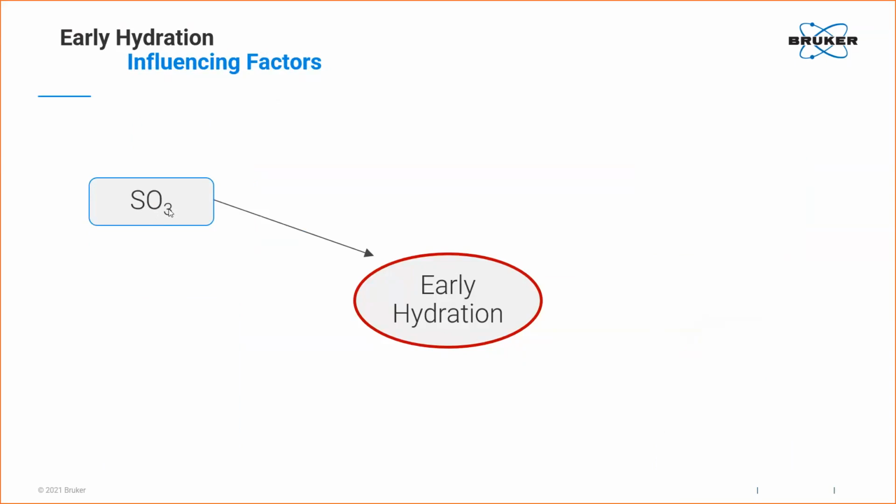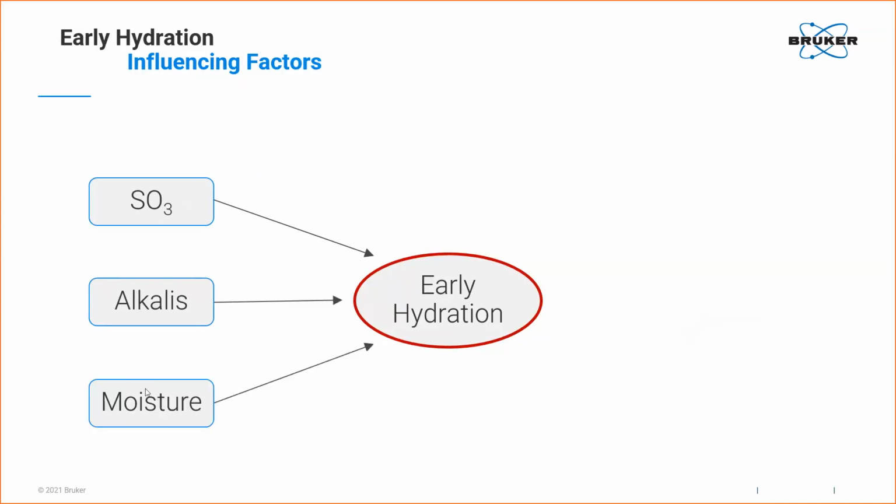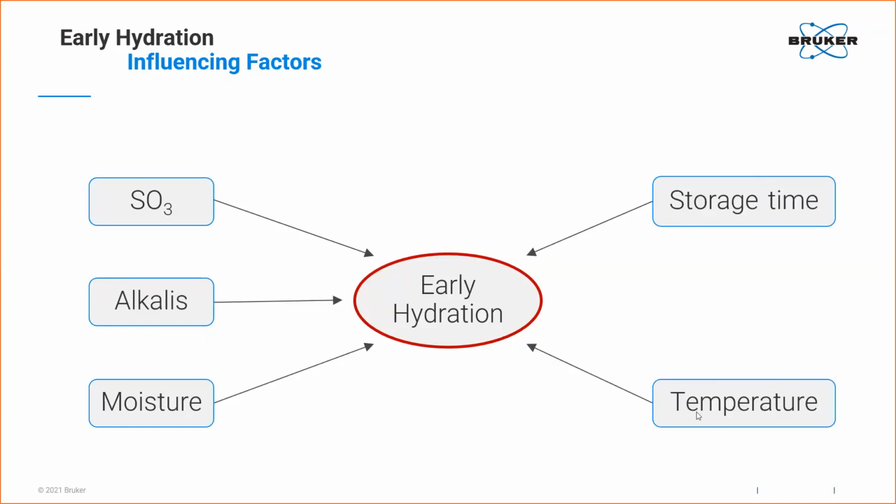There's a difference in which mineral phase this is present because the reactivity is different. So there's a difference if we talk about gypsum, hemihydrate, anhydrite, or the different alkali sulfates. The alkalis play an important role. The moisture, of course. The storage time, so how long it will be in the silo. And of course, the temperature, because an elevated temperature, for example, might lead to the dehydration of gypsum, and then the available water can lead to further reactions.